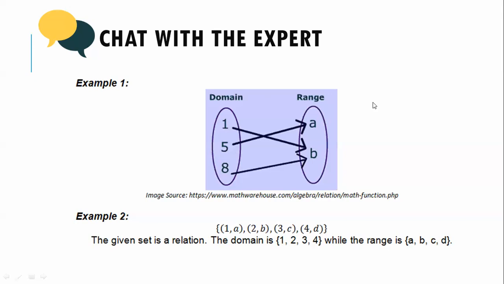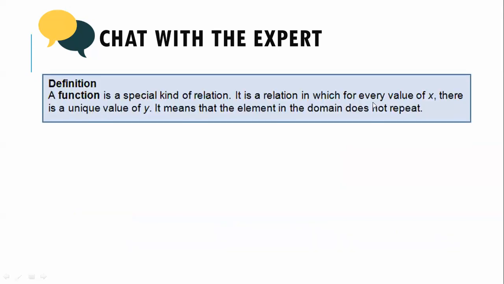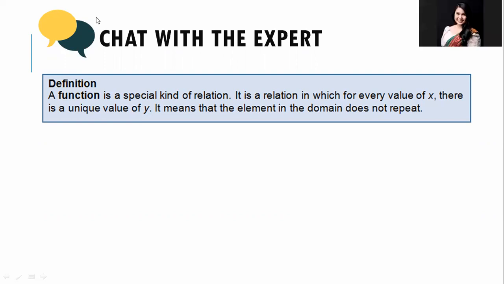Now, what is a function? A function is a special kind of relationship. Now, we say that all functions are relations, but not all relations are functions. Now, when is a relation a function?